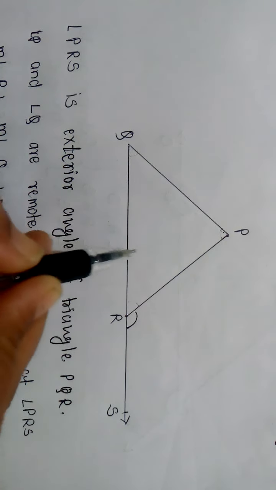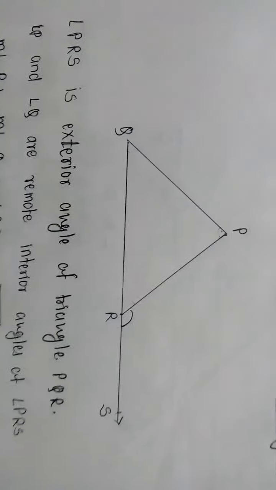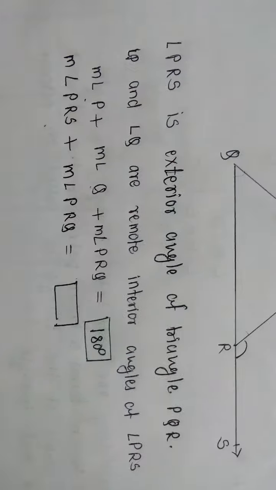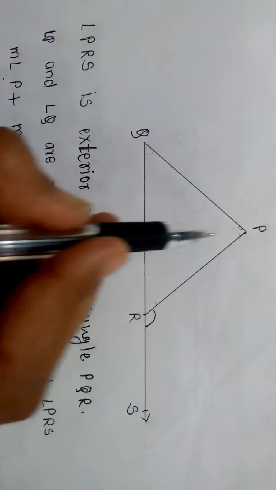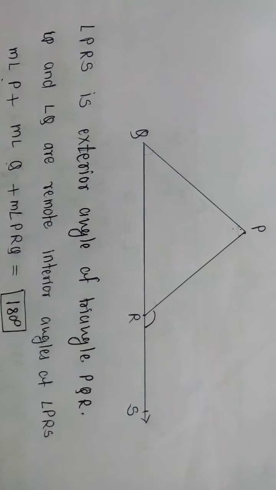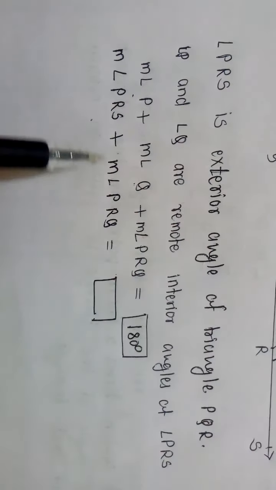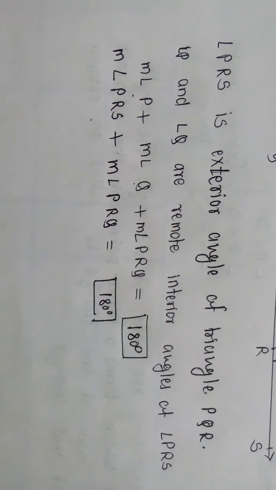So the addition of these both angles is also 180 degrees. So here also we can write measure of angle PRS and PRQ is equal to 180 degrees.